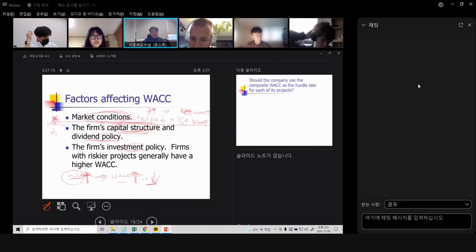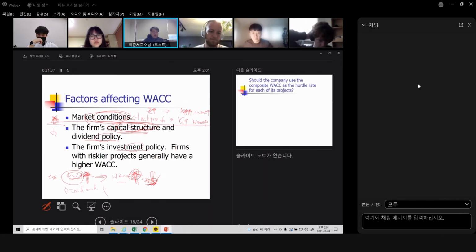For example, if the weight to raise funds by using debt is increased, then WACC decreases, until some point.